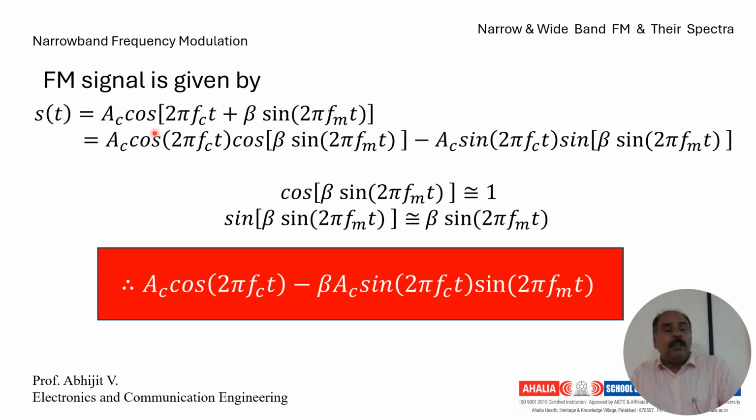Using trigonometric relations, this signal can be split into two parts, the cosine part and the sine part. Easy to remember: Ac cos 2 pi fc t cos of beta sine 2 pi fm t minus Ac sine 2 pi fc t sine of beta sine 2 pi fm t.